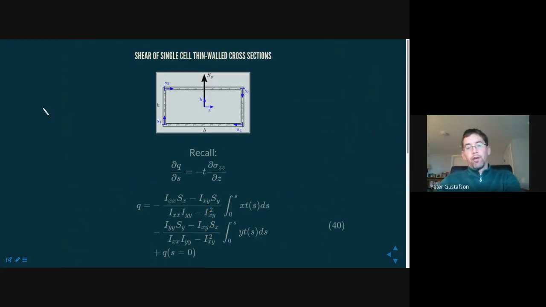So it's this equation here that gets a little quirky, we'll say. So here, this equation, the shear flow, it's written in terms of both S and X.